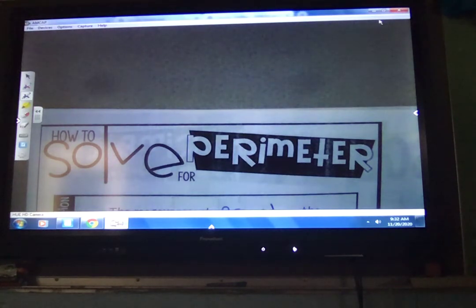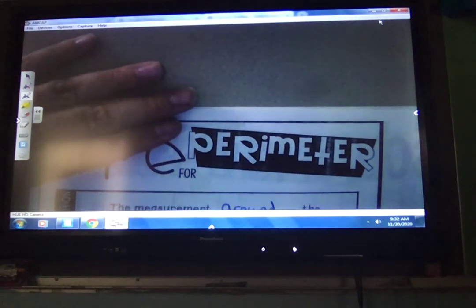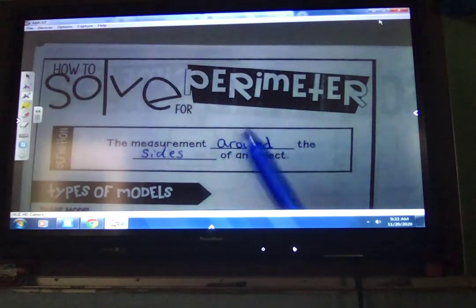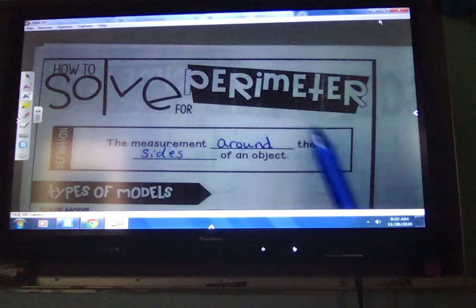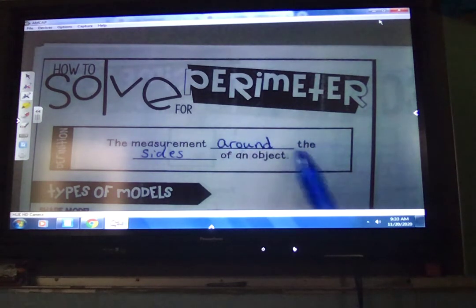We're walking around that fence line. So our definition says the measurement around the sides of an object. We are measuring around. We're walking around our shape, and we're measuring the sides of an object.